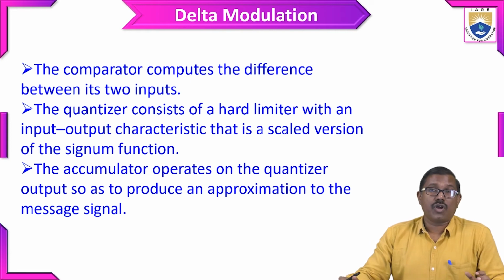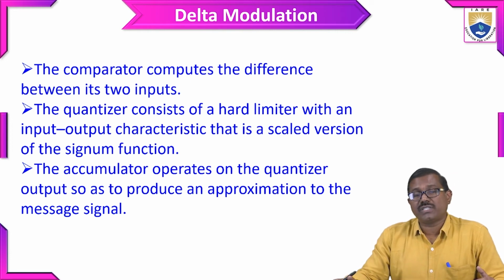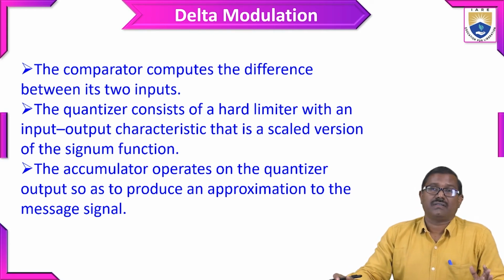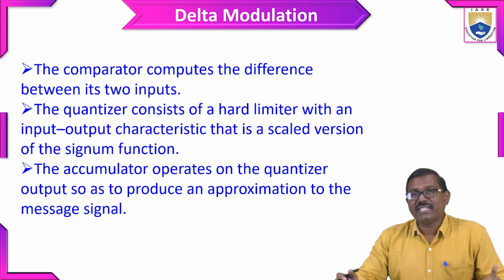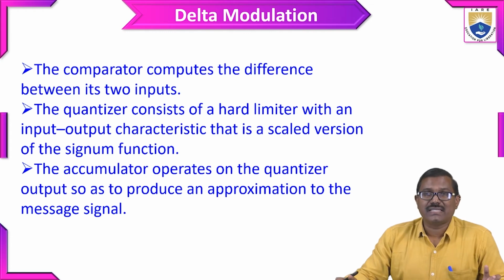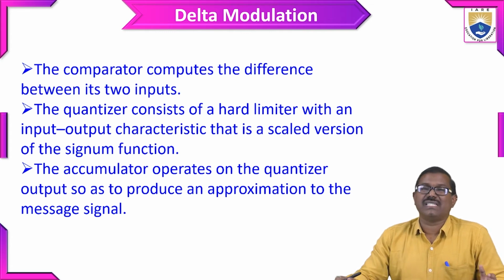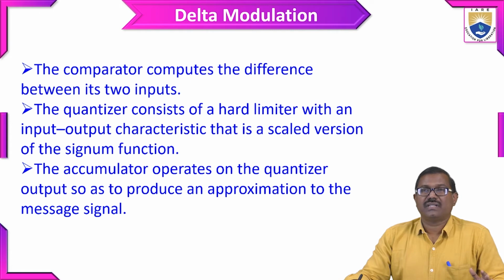So my staircase approximation is ready to track the message signal. Further to tracking, it is going to increase delta or decrease delta. Delta means step size. Okay.